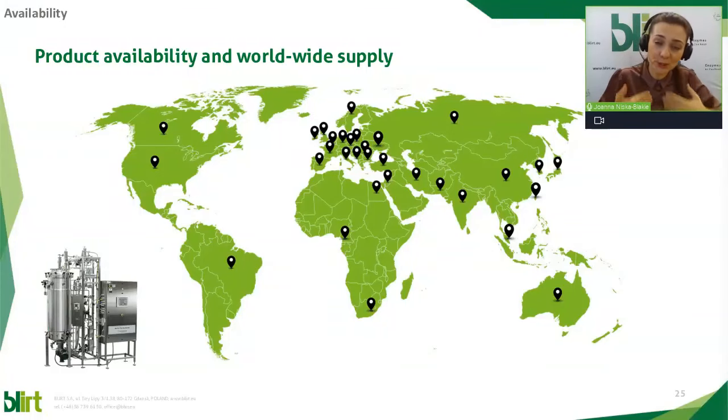So when you're looking for a supplier, it's always worth searching for one that has an established and stable supply chain, as well as a large production scale. It means that you can count on a bigger amount of products coming from the same batch, which again is a very positive factor for, let's say, the consistency, for the low variability in your assay. So it's a very important feature always to pay attention to.